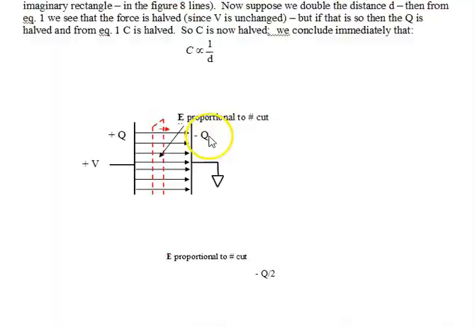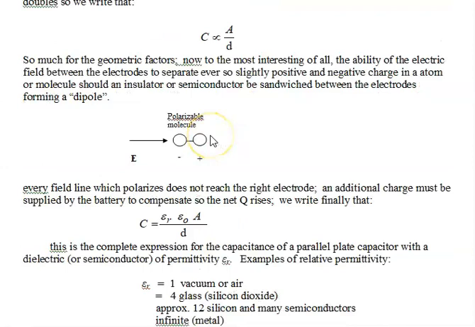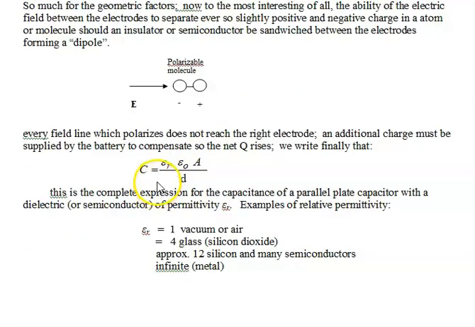So we hopefully conclude, and this is the final conclusion, that the capacitance is proportional to the permittivity. The permittivity says how easy it is to separate these charges. We split up the permittivity by a constant. This is the permittivity of free space, and this is the relative permittivity.